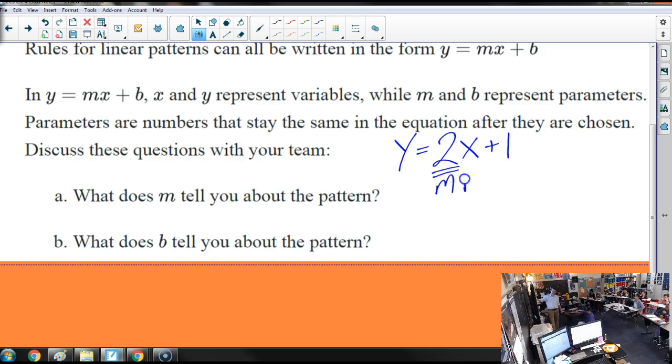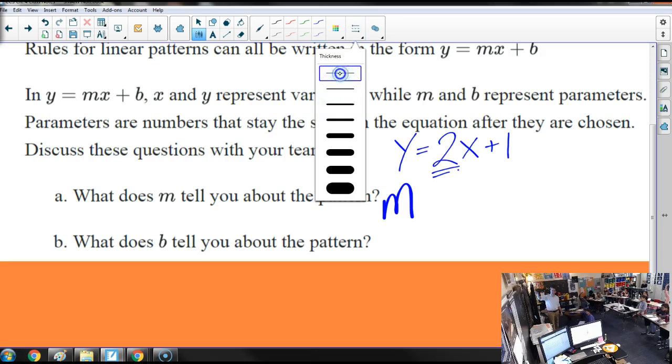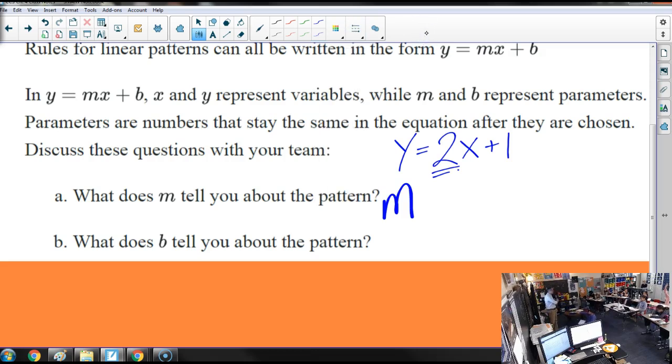Yeah, m is... Sorry, this kind of looks bad. But we don't care about that word right yet, because we need to make sure we know what that means. I'm not saying that it's wrong. I'm just saying we don't care about that word yet. M is the growth. Please write this down.